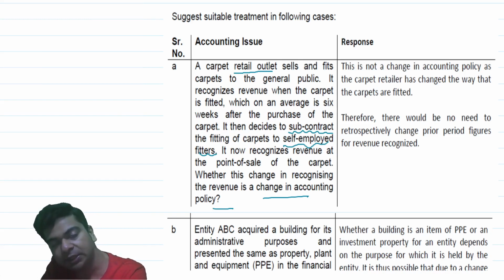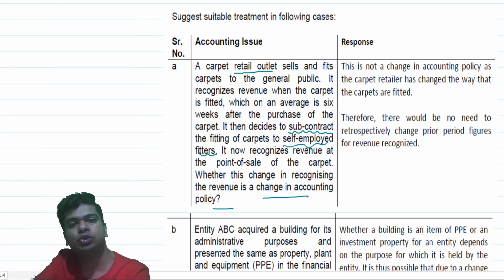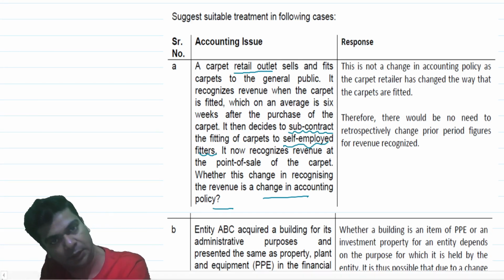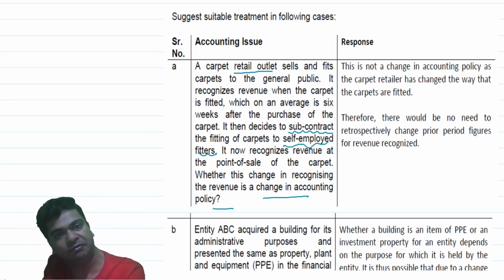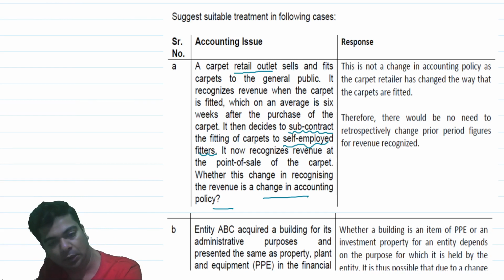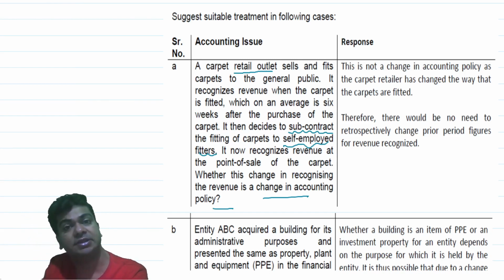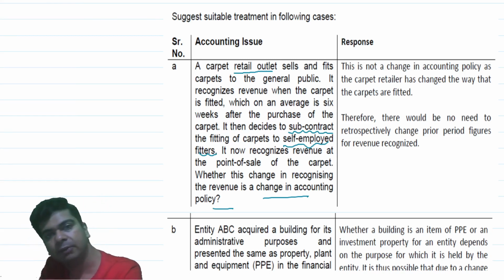Hence you were waiting till the carpet was fitted to recognize the revenue. Now you are selling and the fitting work has been outsourced to a third party, a self-employed fitter. Hence now you are of the view that the moment the carpet is sold, we should recognize the revenue. So that's the question. Is this a change in accounting policy? What do you say?